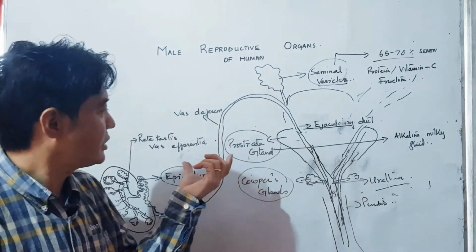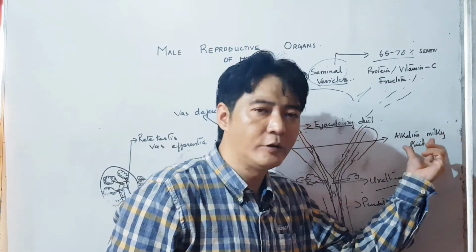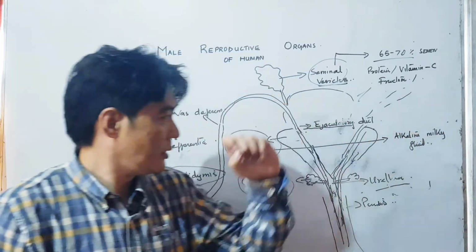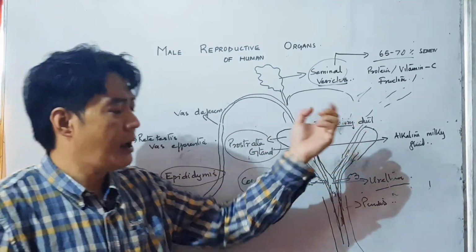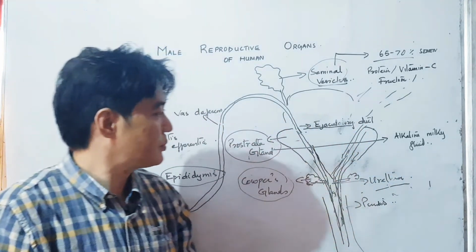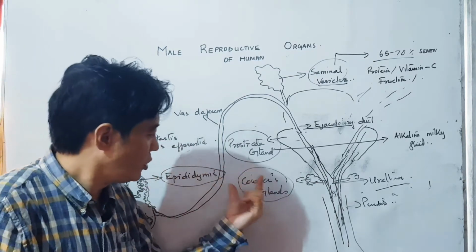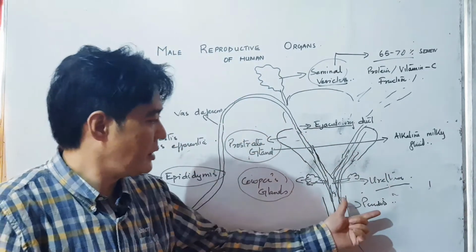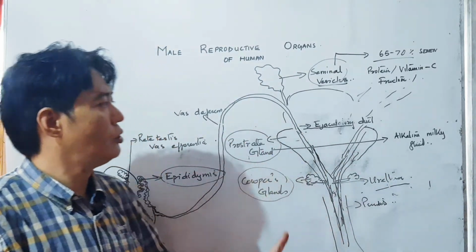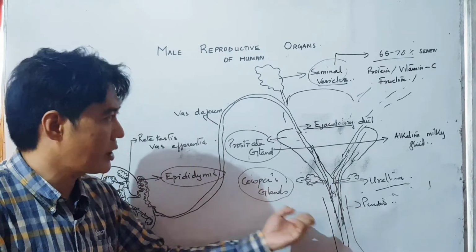The secretion of the prostate gland consists of an alkaline milky fluid. This alkaline nature of the fluid helps to neutralize the acids present in the urine. The secretion of the Cowper's gland not only lubricates the penis, it also neutralizes the remaining acid present in the urinary tract.